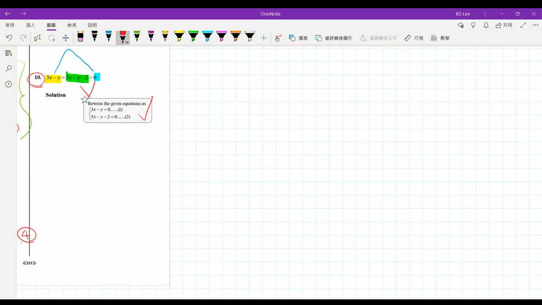Because we don't have the value of x and we don't have the value of y, let's start the change of subjects. We have to start with the first equation to make y the subject first.